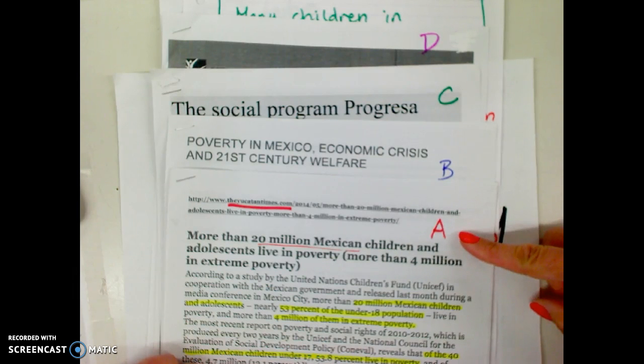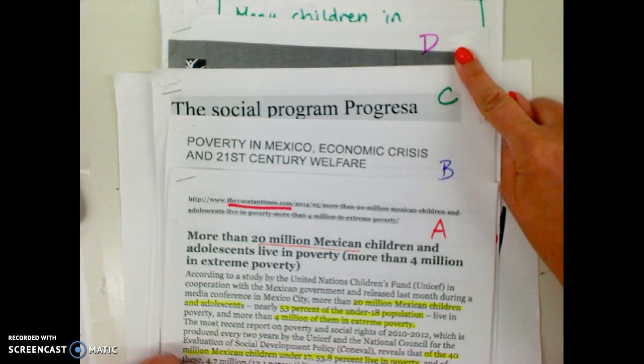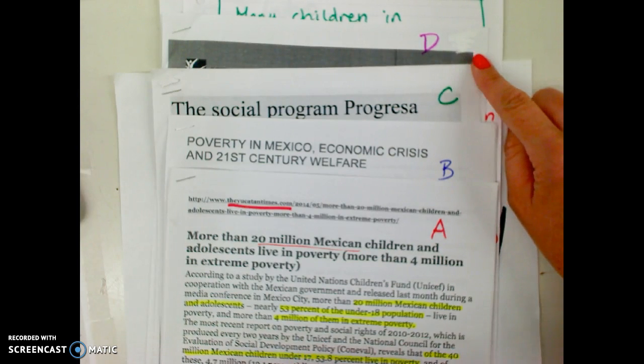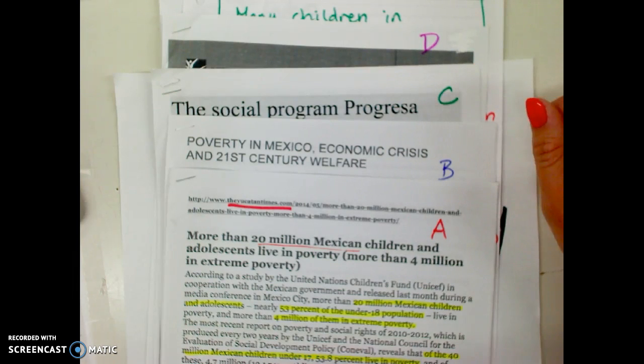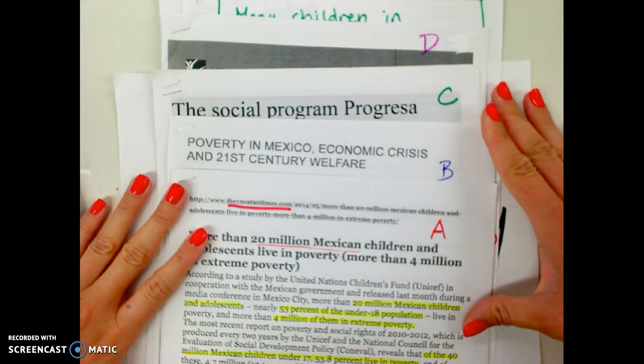They can develop systems for keeping track of information that might be color-coded. I've labeled my articles A, B, C, and D and color-coded them. And I much prefer using this system to any sort of note card system, if we're doing research, since this all stays together a lot more easily.